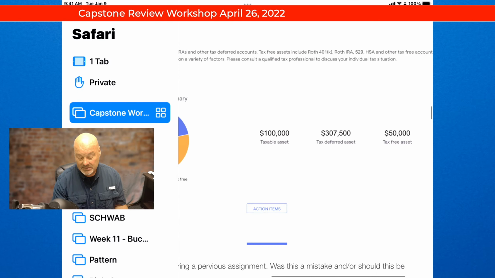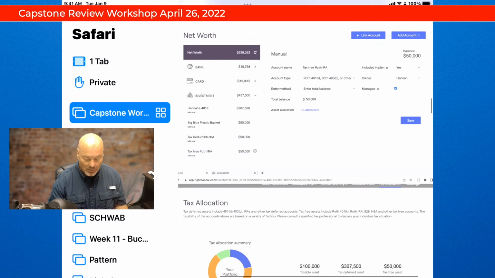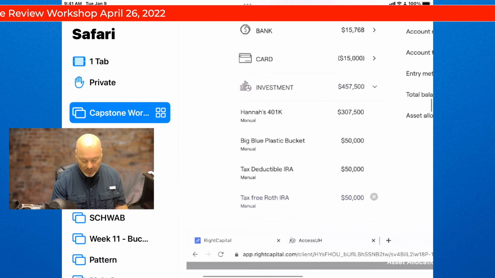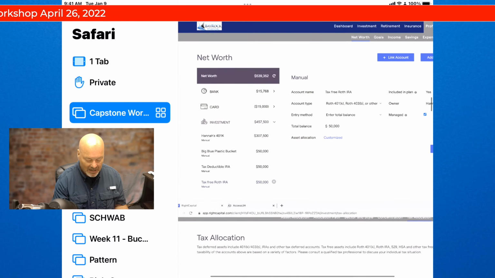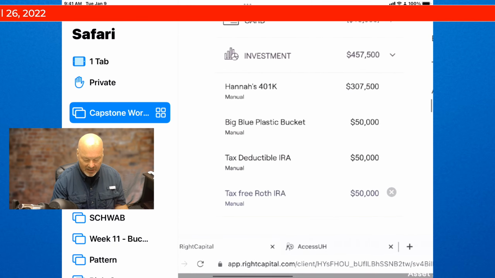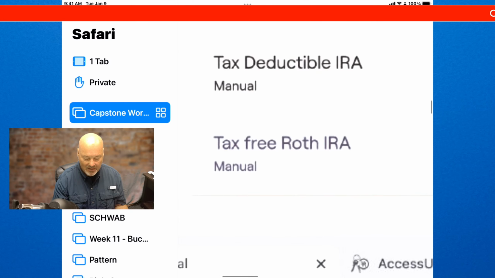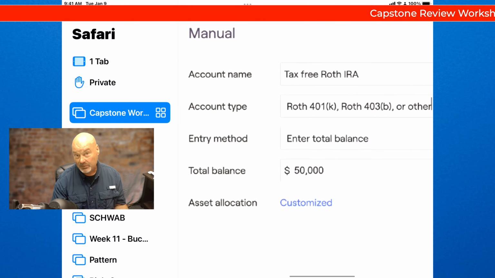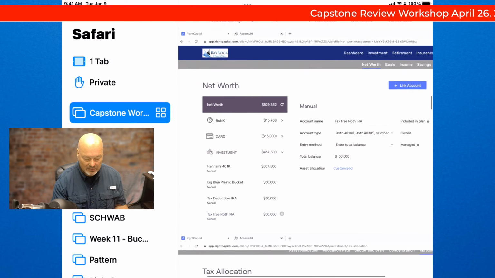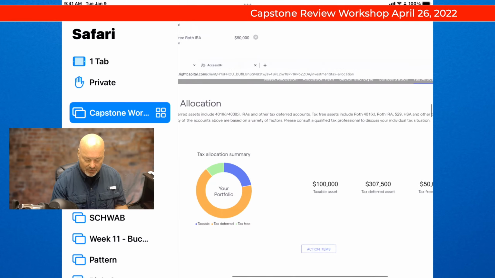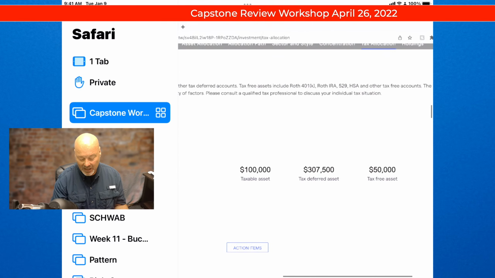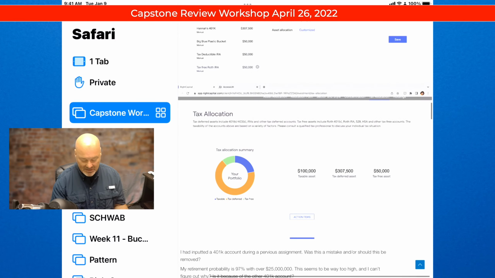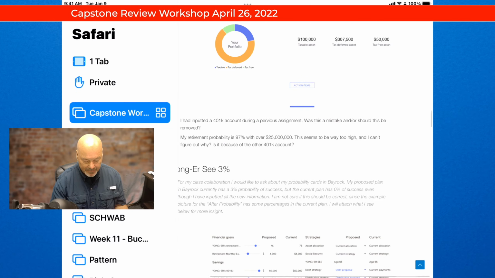Does that make sense? So you can name it whatever you want. You can name it a tax deductible IRA or a tax free Roth IRA. You named that account, but that doesn't mean that you gave it the right account type. So the proof is in the pudding, and this is going to say, okay, here's how you have your account set up. So hopefully that helps.